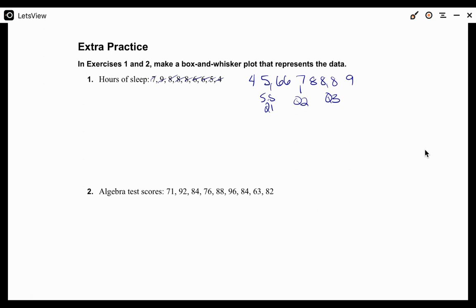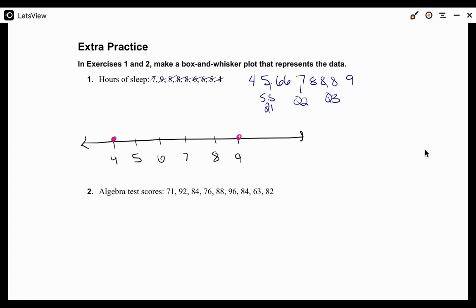Okay. So now let's draw our number line. Draw a good number line: 4, 5, 6, 7, 8, 9. Try to keep it nice and easy paced, okay? So 4 is your least value. 9 is your greatest.